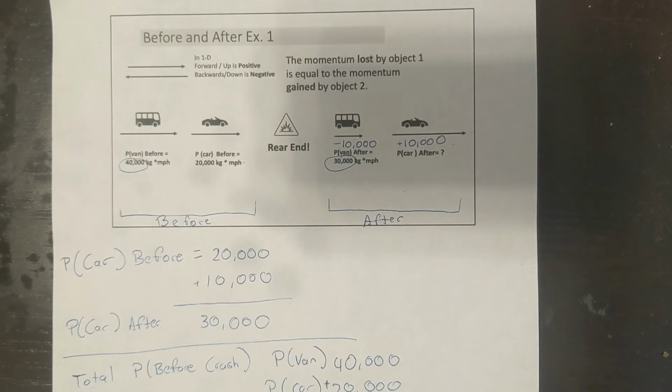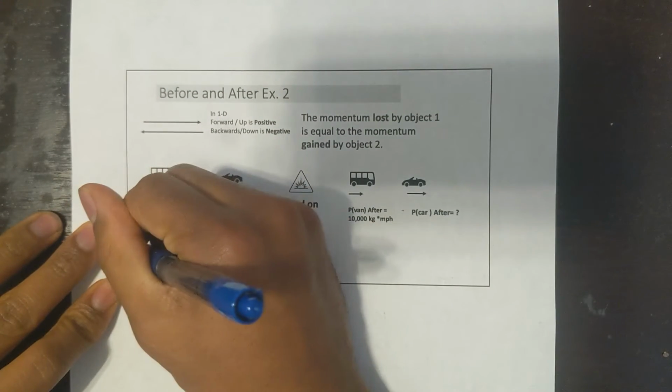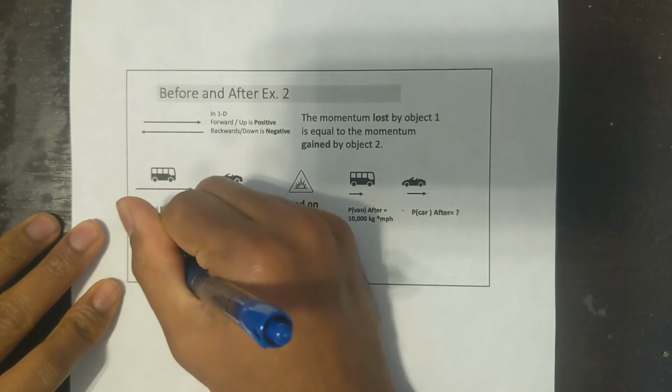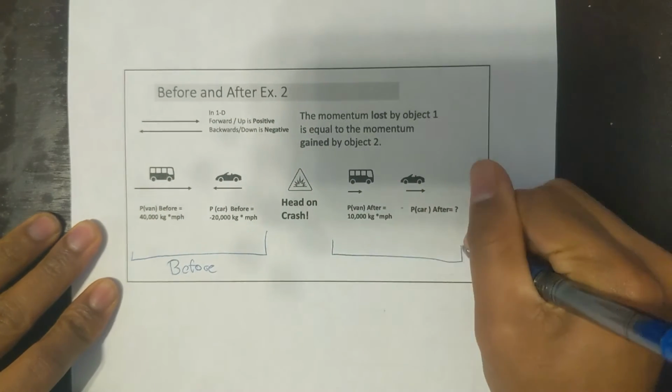Now we're going to look at problem 2. The first question asks, what is the total momentum of the cars before the crash? Again, before the crash are the cars on the left side, and after, we see the cars on the right.